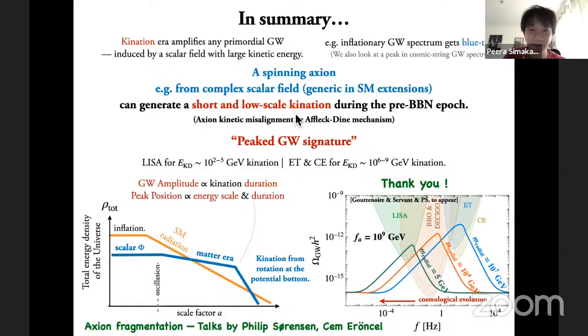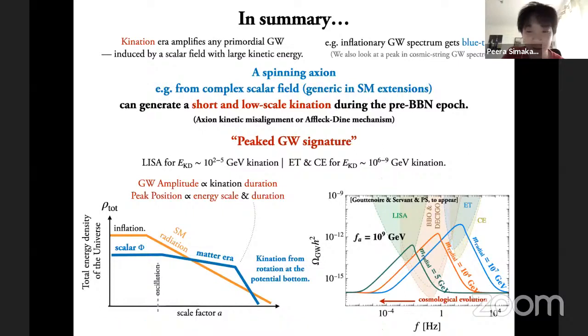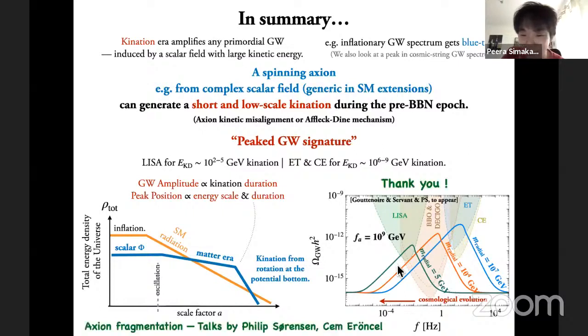Okay, good. I also have a short question. Can this scenario also be applicable to the QCD axion? For the QCD axion, it might work. So here f_a is 10^9, but the peak frequency will correspond to the kination energy scale.